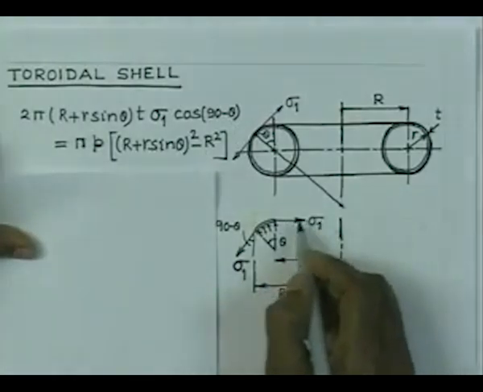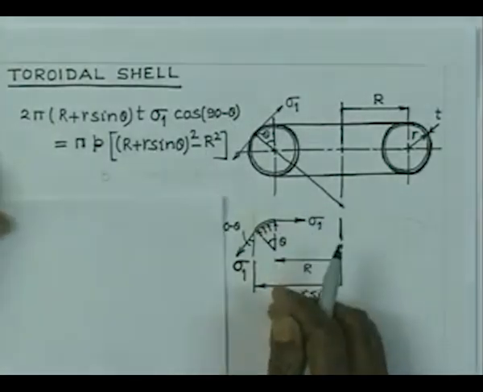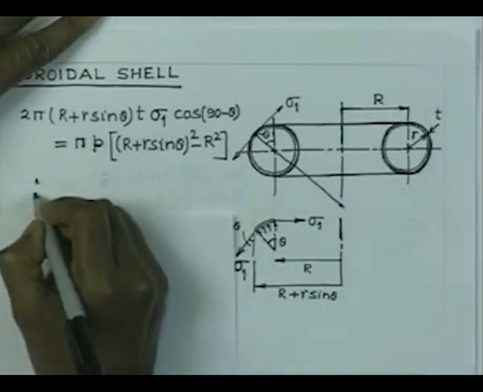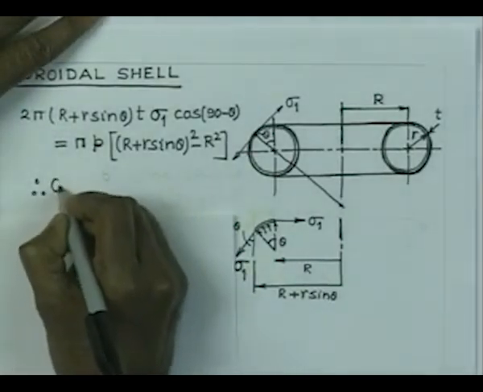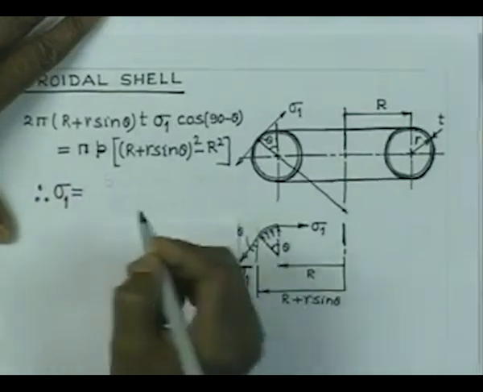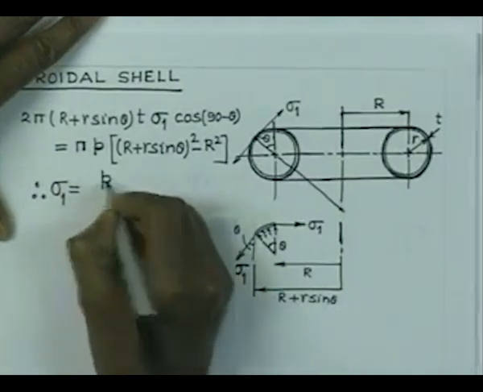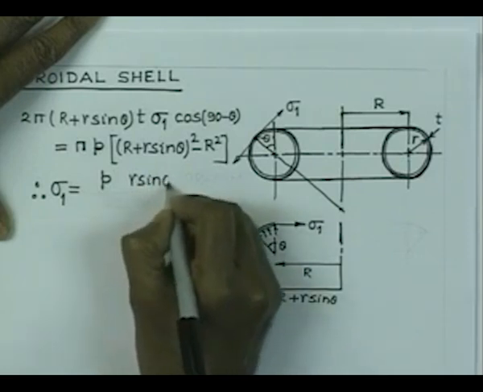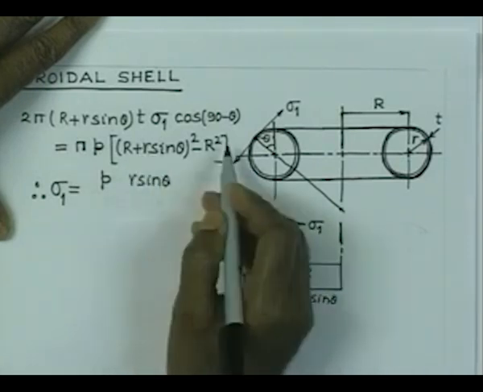This sigma 1 obviously does not contribute to the vertical direction. So once you simplify this, you get the axial stress sigma 1, and this is nothing but P into R sin theta. It is a square minus b square form.